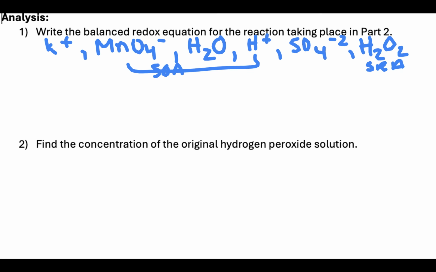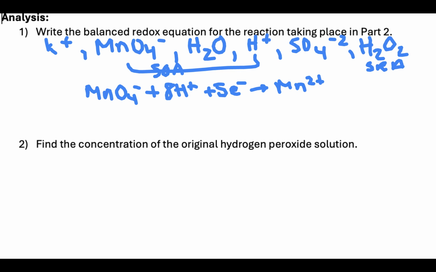I'm just writing down what I see because this is what is undergoing reduction. Plus 8 hydrogens plus 5 electrons. And then the products you're going to get are Mn2 positive plus 4 water molecules.